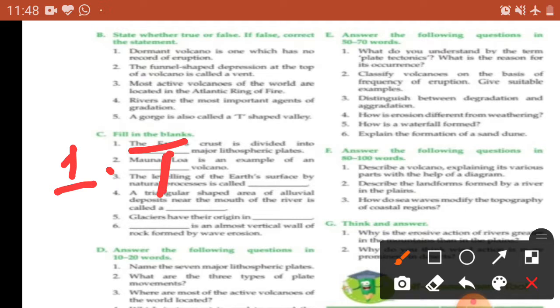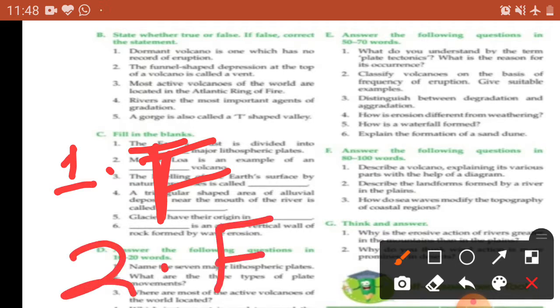Sorry, this one will be false. Next, second: the funnel-shaped depression at the top of a volcano is called a vent, and this will also be false. First false and second is also false.